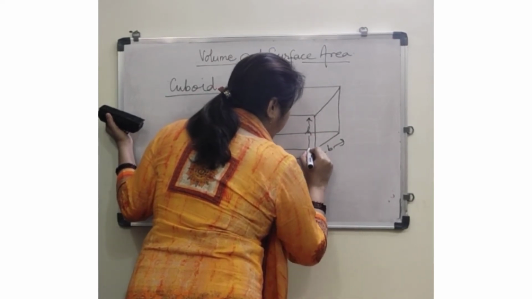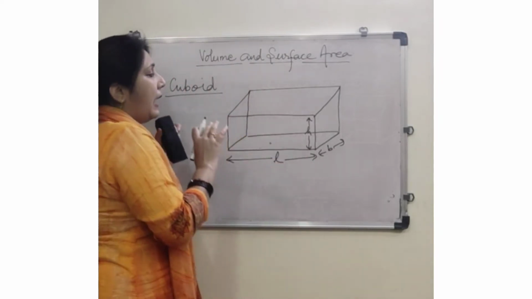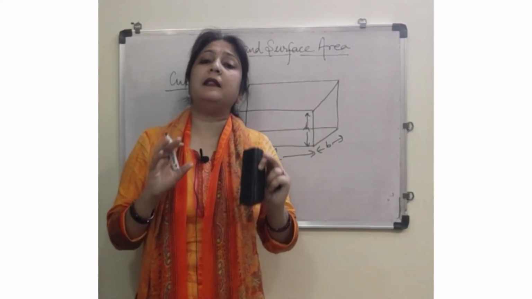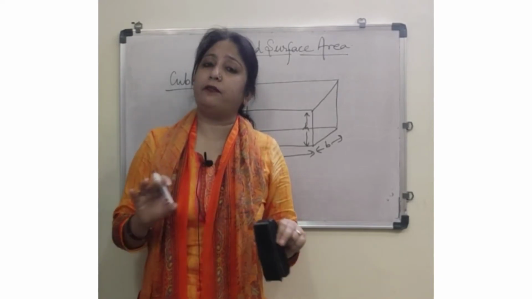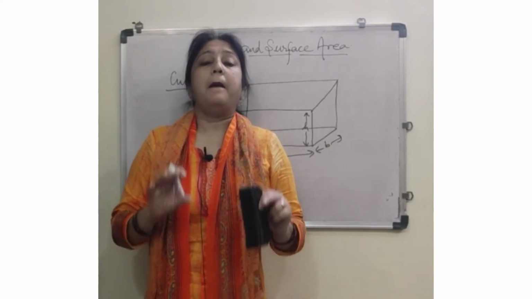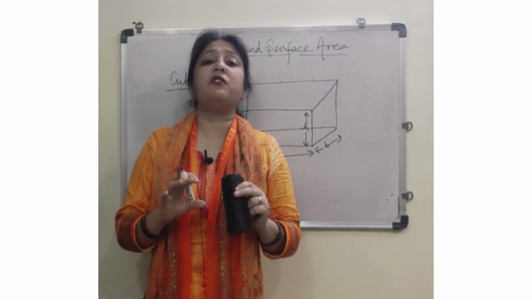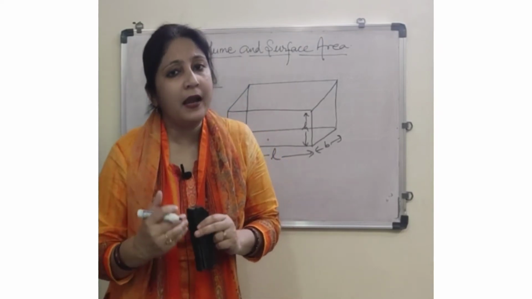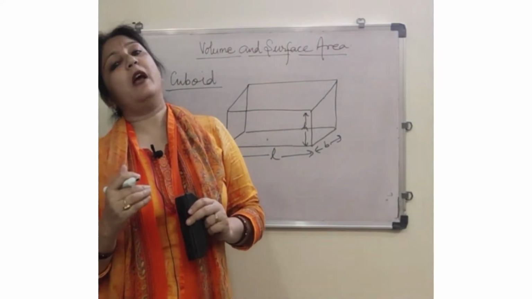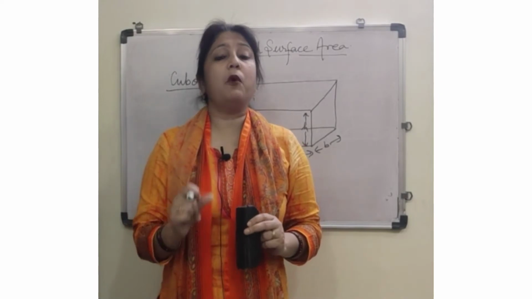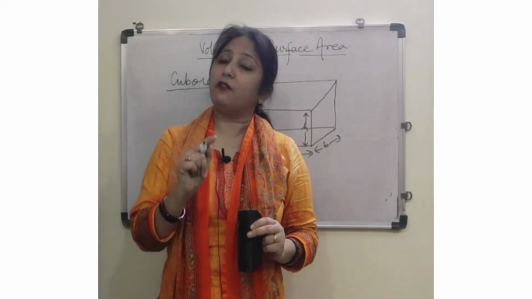Now pay attention to my words. The one which I am showing you has length, breadth, height, all 3 different dimensions. But cuboid has this option that it may have 2 of its dimensions the same. Not all 3. The moment all 3 become the same, it will become a cube.